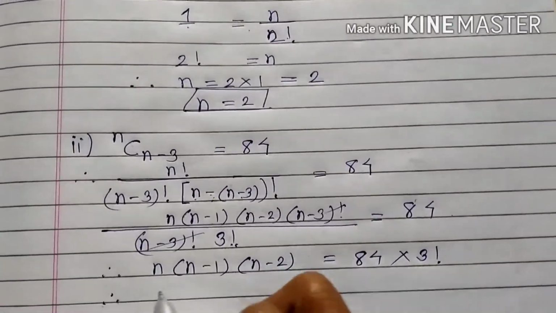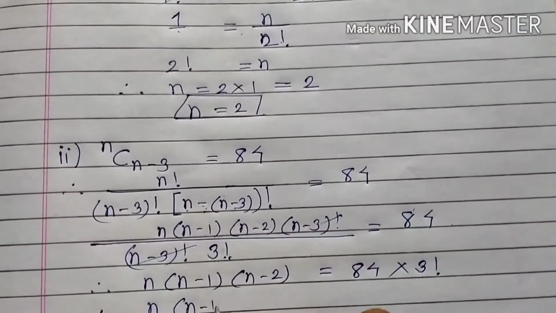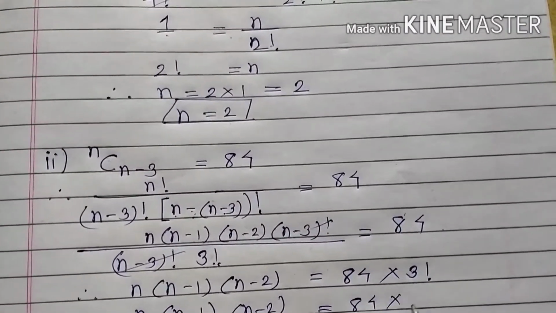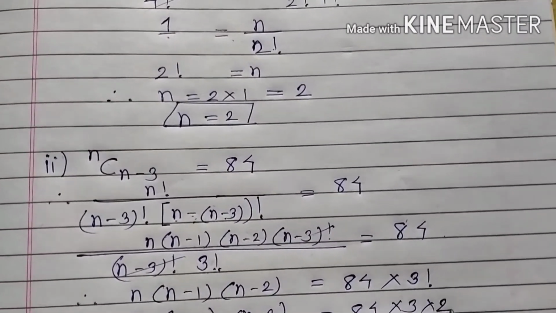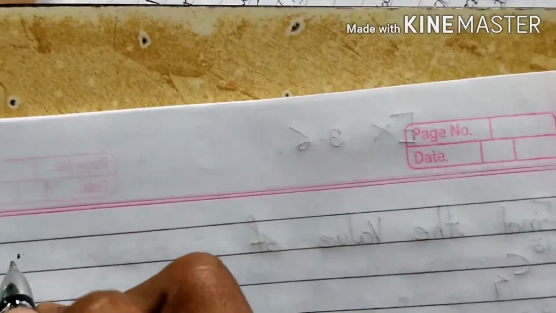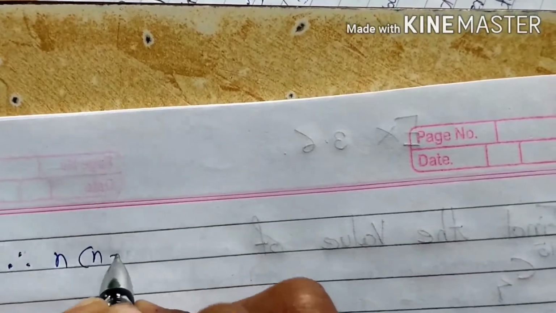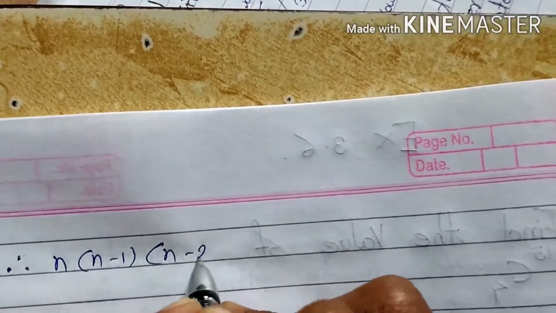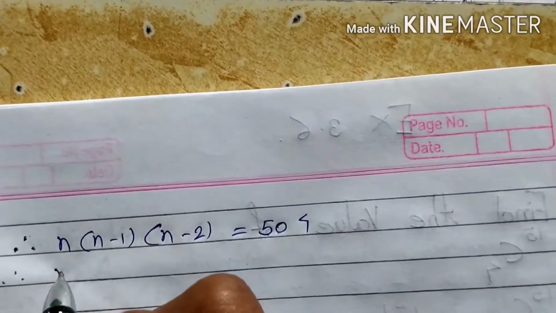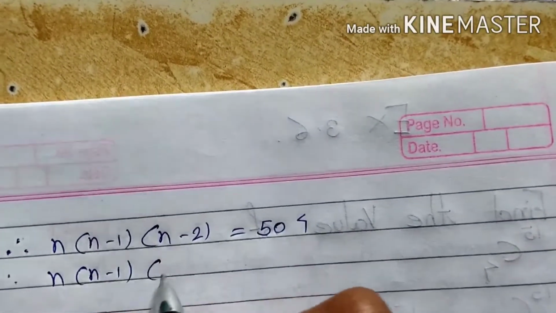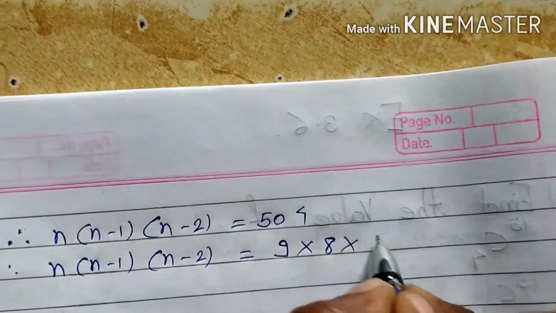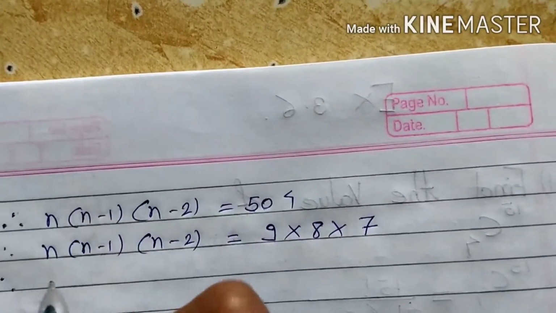So therefore n into (n minus 1) into (n minus 2) is equal to 84 into 3 into 2 into 1. So therefore n into (n minus 1) into (n minus 2) is equal to 504, and therefore it is equal to 9 into 8 into 7.